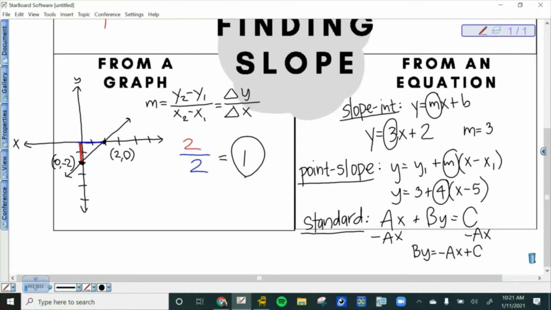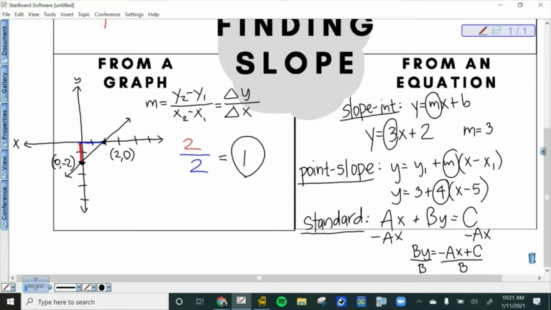Now, what do I need to do to get y by itself? Not subtract. Divide. Because I'm multiplying right here, to undo the multiplication, I divide by b, divide this whole side by b.